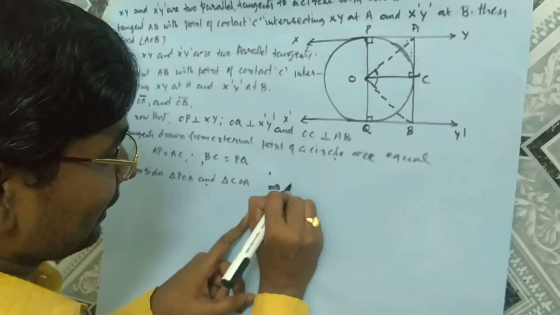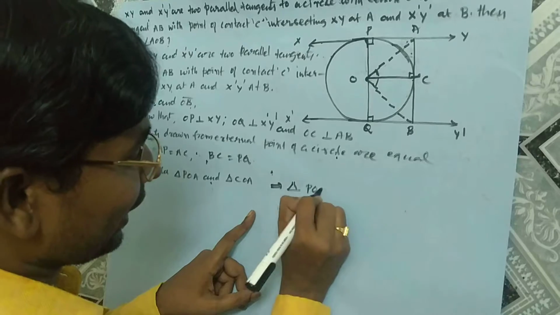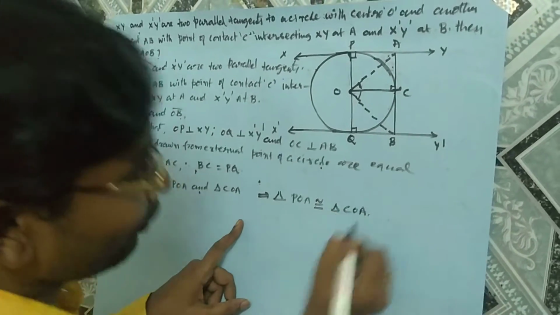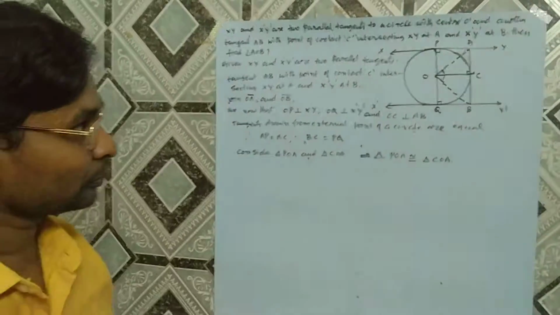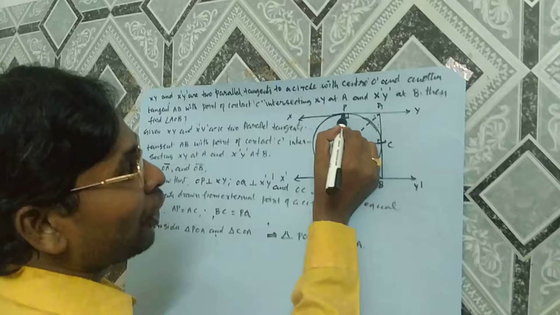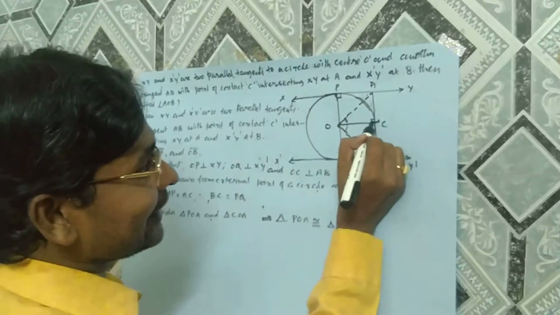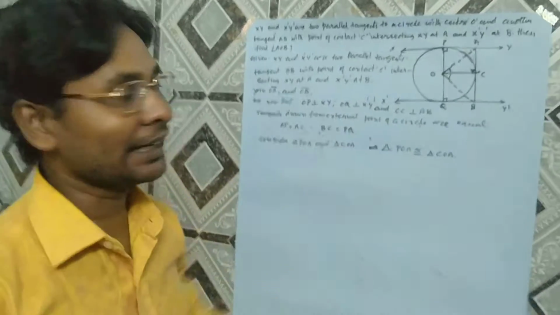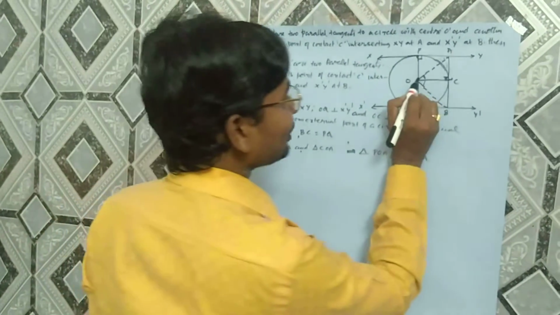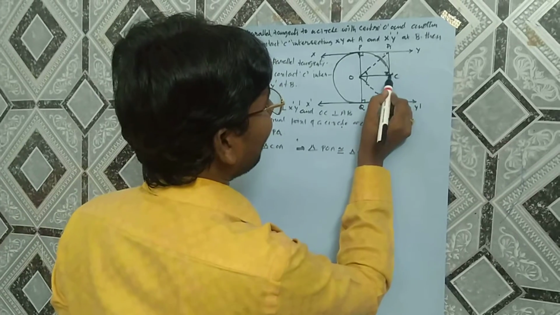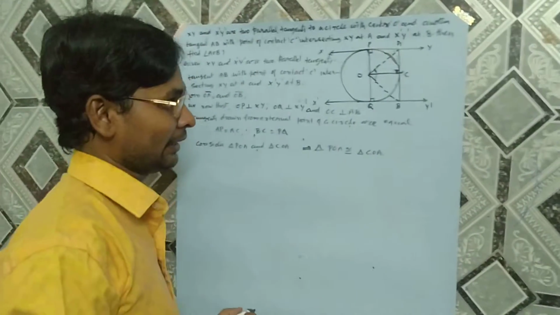That implies triangle POA is congruent to triangle COA. Why are they congruent? Angle OPA is 90 degrees, angle OCA is 90 degrees. The opposite angles are 90 degrees. The remaining opposite angles are POC and CAP.